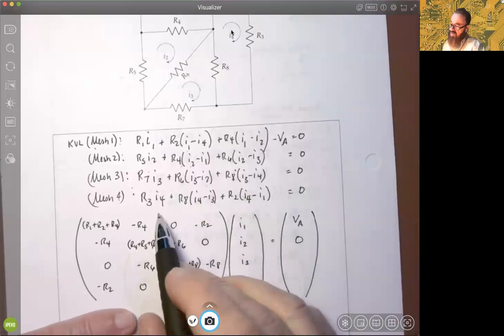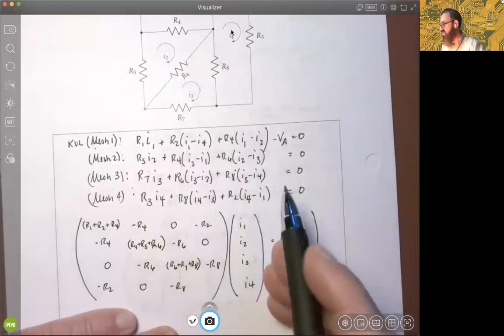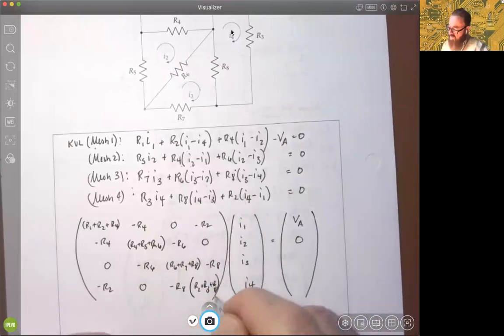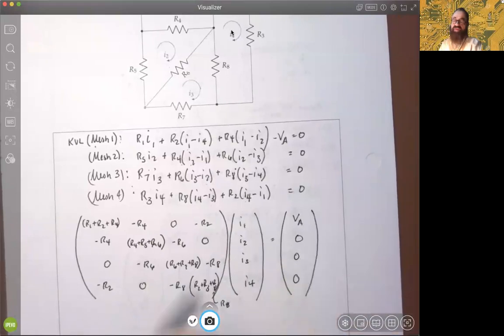And then finally, I4 will have an R3, an R8, and an R2. So we might put those in order, R2 plus R3 plus R8 in that position, okay? Oh, and of course, these right-hand sides are 0. Sorry.